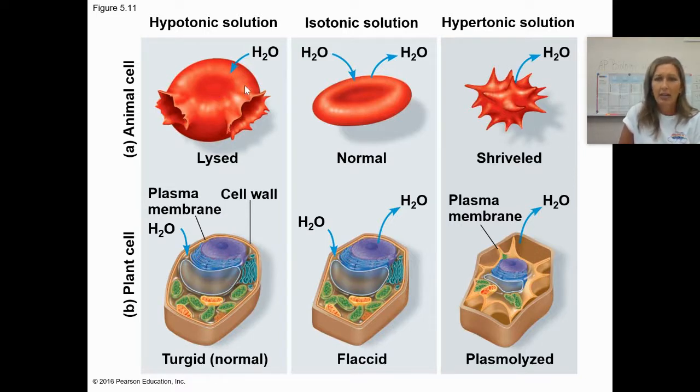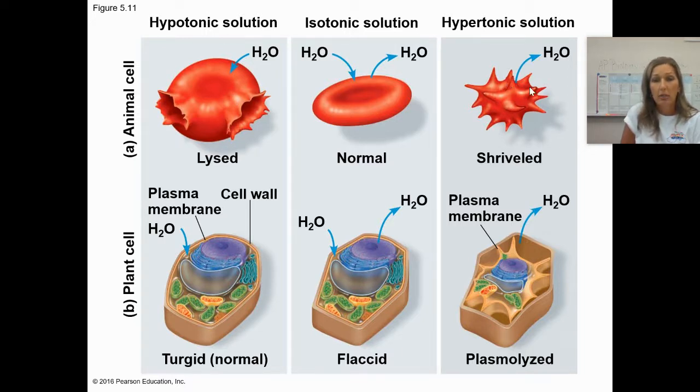Well, you do that into your blood plasma, you've just created a hypotonic solution. And so what's going to happen is your red blood cells are going to take in too much water, causing the plasma membrane to rupture or to lyse. Because remember, lyse means to cut in science. So that would be in animal cells, this lysing in hypotonic solutions.